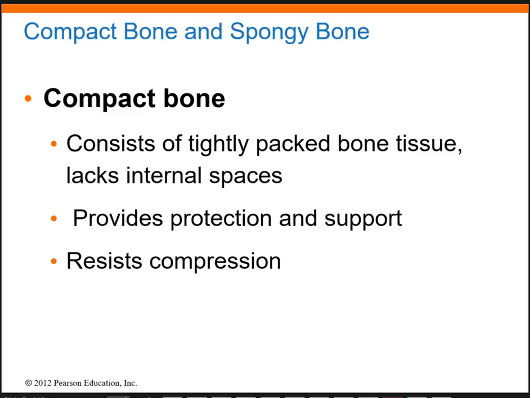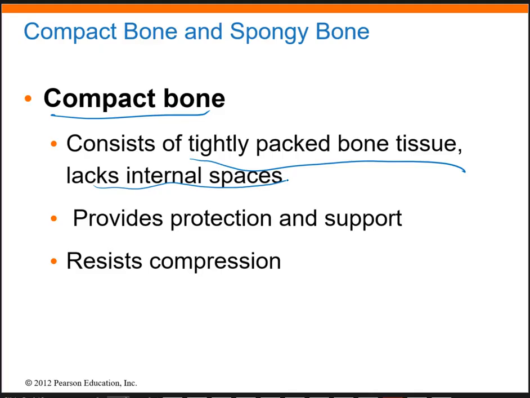So we'll start with compact bone. Again, compact bone consists of very tightly packed bone tissue that lacks internal spaces. So almost all of the area in compact bone is jam-packed with matrix. There's matrix everywhere, really, really compact.